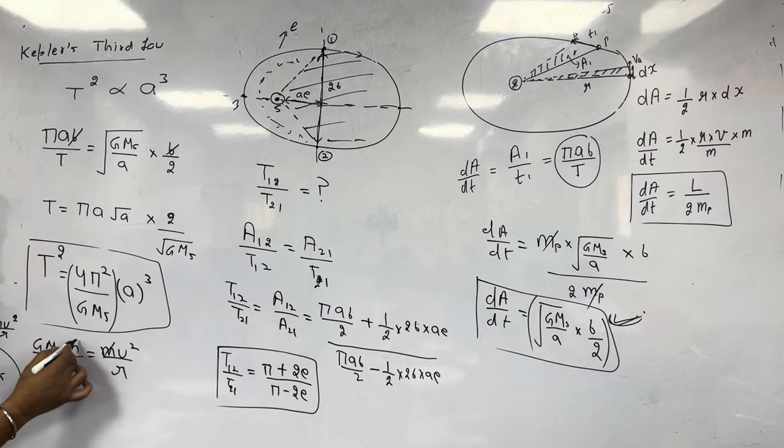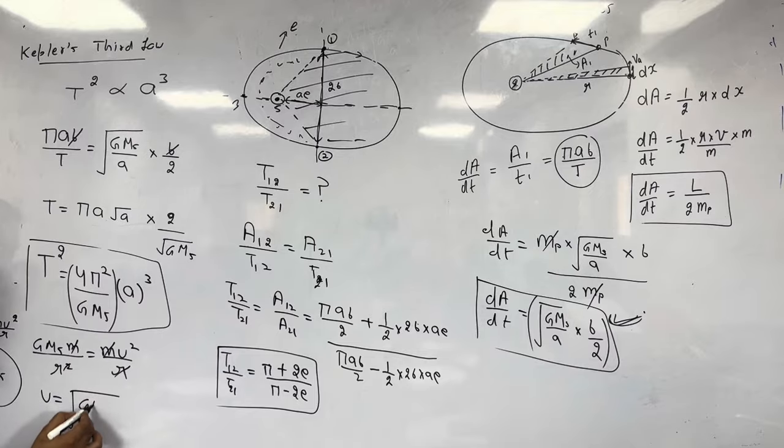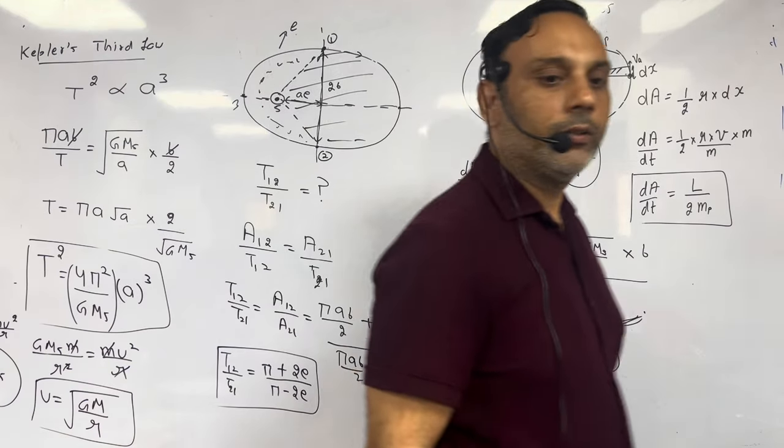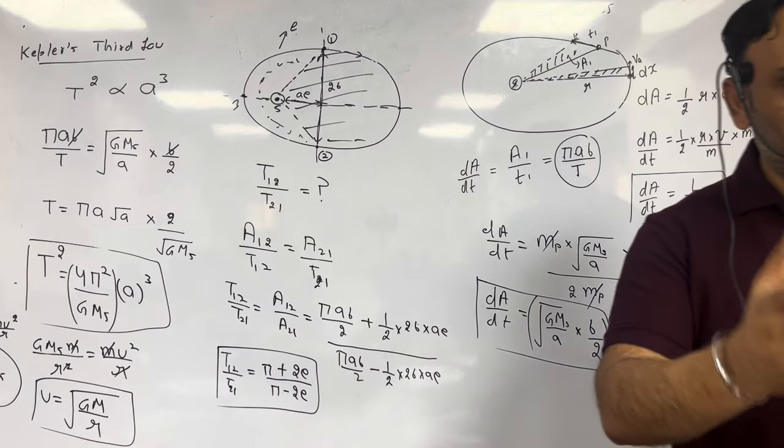So see, beta, as I said, this relation we are getting, root of GM upon r, is basically the orbital velocity. When any satellite or planet is revolving in a circular orbit, we can find the orbital velocity very easily. So for circular orbits, understood or not? So these are our 3 Kepler's laws.